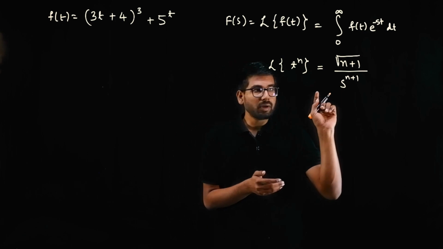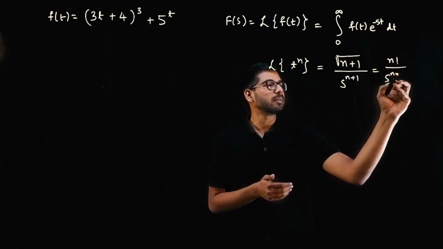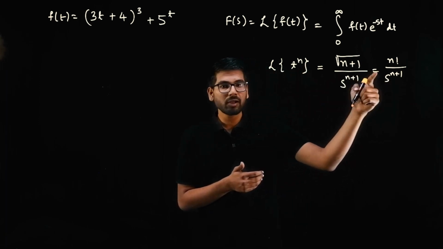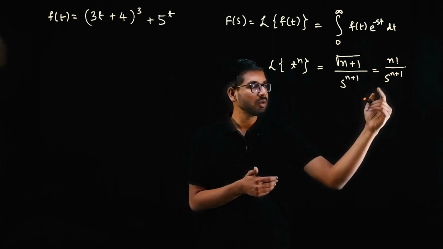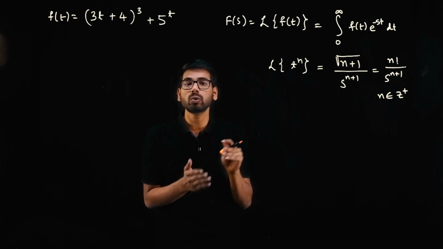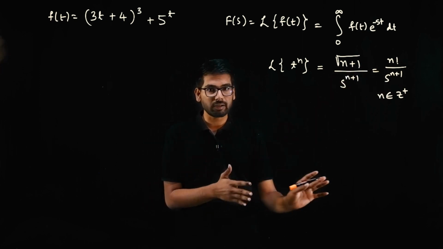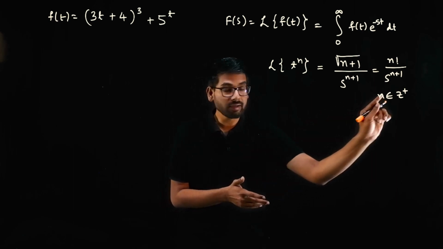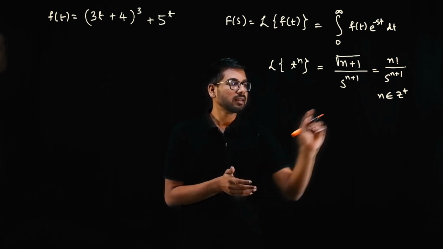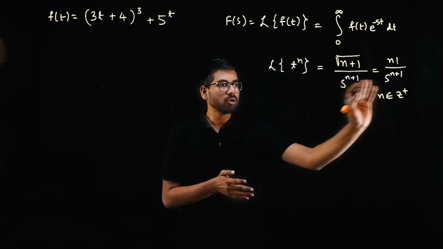It is popularly known as n factorial by s power n plus 1, because if n belongs to positive integers, like 1, 2, 3, 4, 5, then gamma of n plus 1 is actually n factorial. But if n is not an integer, if n is 1 by 2, 1 by 3, a fraction, then you have to use gamma of n plus 1 by s power n plus 1. Both are the same.